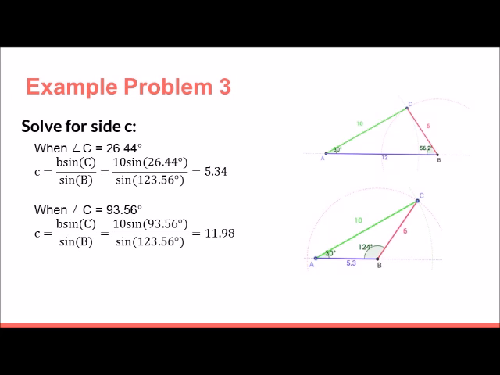With some help from our law of sines, we can again find our side c. When angle C equals 93.56 degrees, our side c equals 11.98. When our angle C equals 26.44 degrees, however, our side c equals 5.34. With our various sides and angles, we can come up with two different triangles that would look something like this.